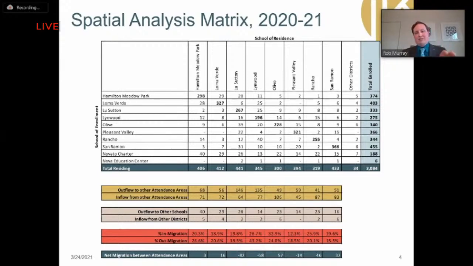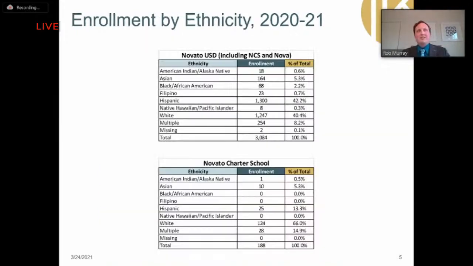So for every student that leaves one boundary and enrolls in another, that's all evening out, but you can see which schools have a net migration either much higher or much lower than 0. So again, you've seen this matrix before, but while we're looking at numbers that you've seen before, I just wanted to make sure that everyone was fully familiar with how this works.